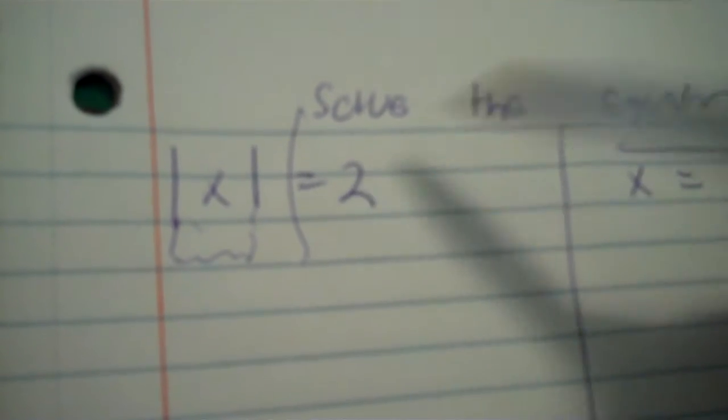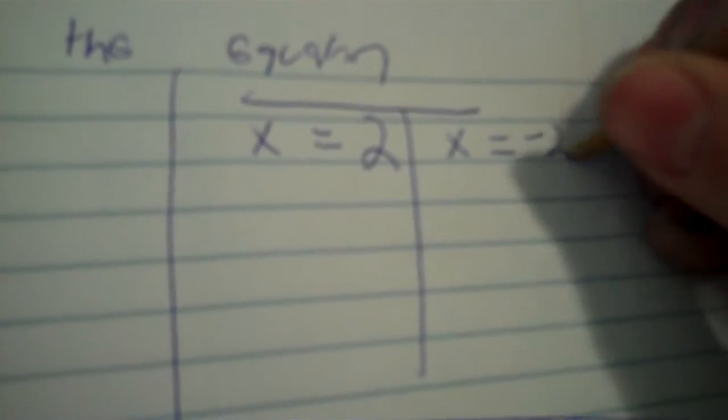Then the absolute value is equal to 2. There are 2 possible places on a number line where you can be 2 away from 0. 0, 1, 2. I could be at 2, but I could also go the other way and be at negative 2. So those are your two answers, 2 and negative 2.